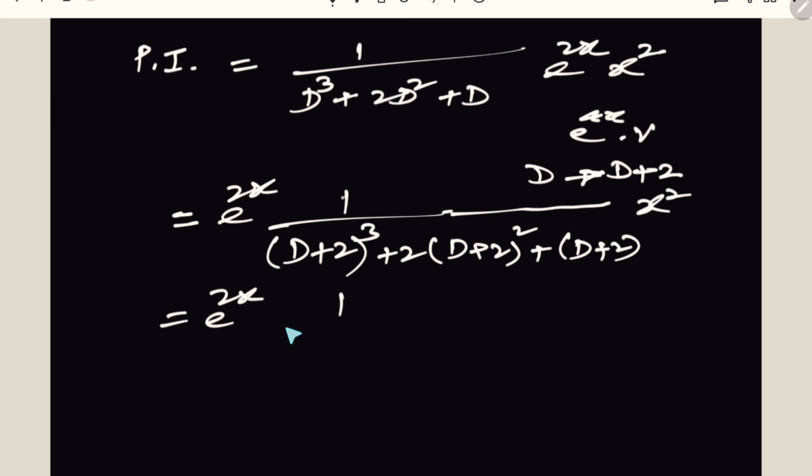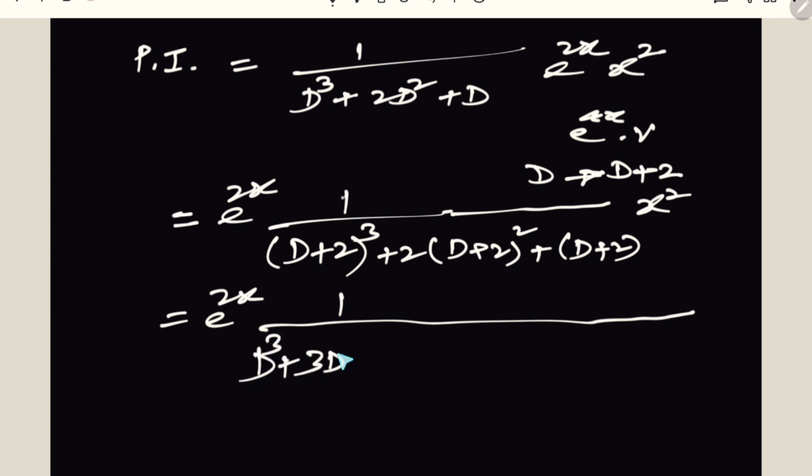we get 1 upon. The first one is (a + b) whole cube. Its expansion is a^3 + 3a^2b + 3ab^2 + b^3, means here it is D^3 + 3D^2 times 2, plus 3D times 2^2, plus 2^3, that is 8.